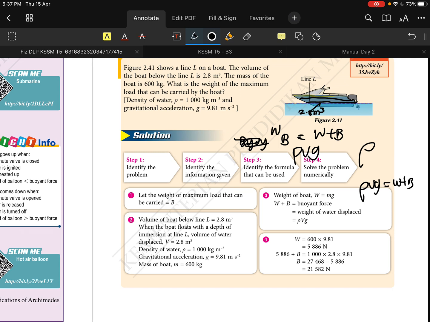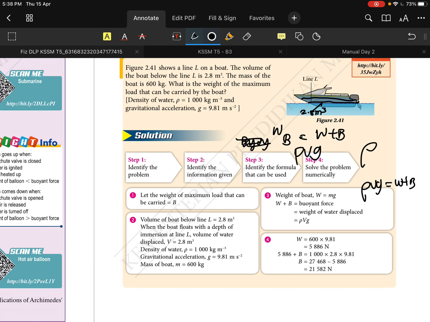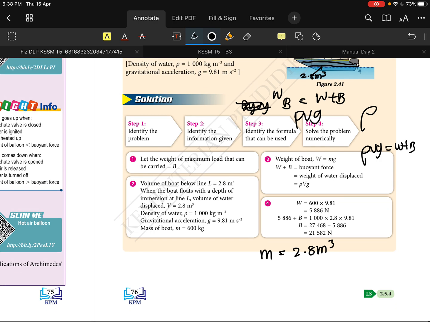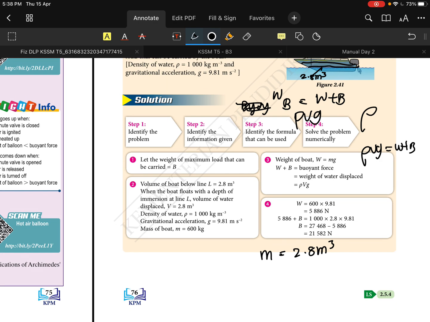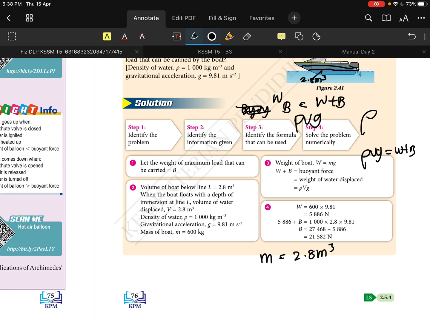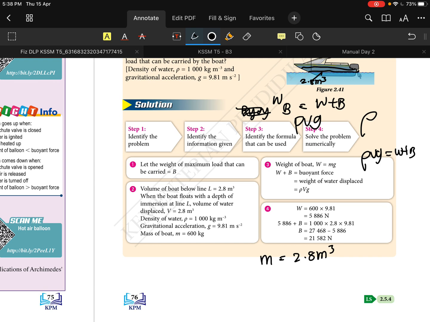So you want to find the maximum weight. That means you want it to reach the white line. If you want the water to be immersed up to the white line, then the total volume under the white line is 2.8 meter cube. So your V is equal to 2.8 meter cube.